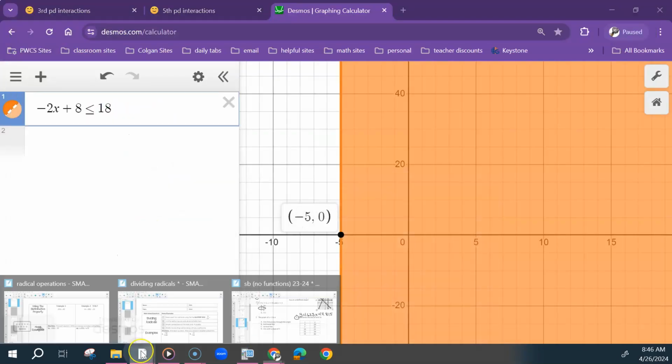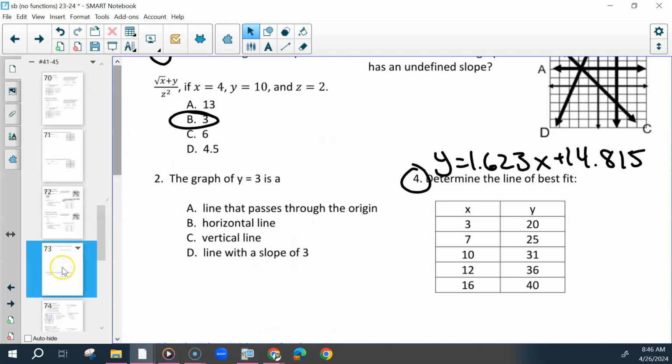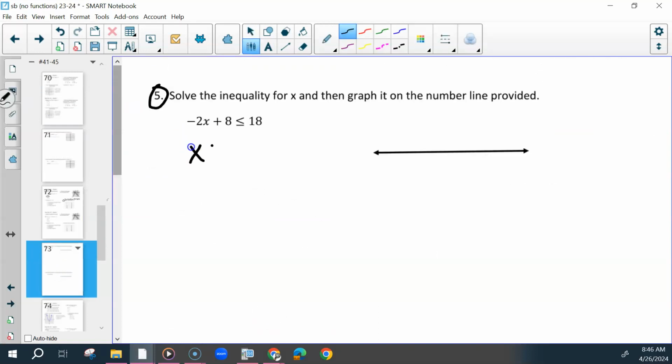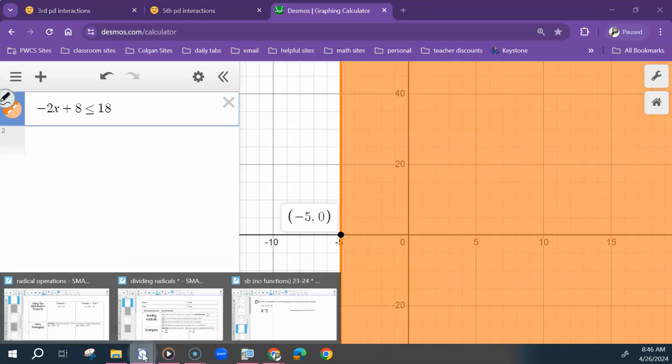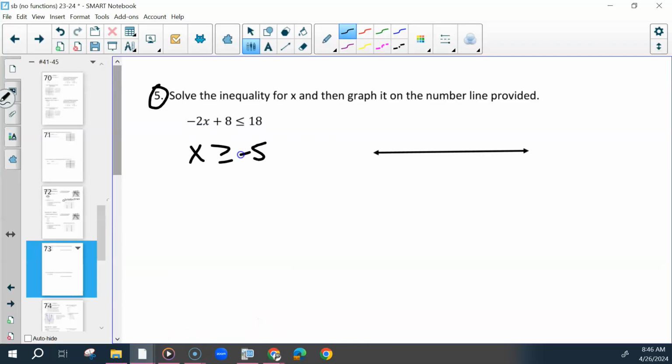You would write x is greater than or equal to -5. Make a closed circle, draw an arrow to the right. And if you did it the way I did it, make sure you also say use Desmos, otherwise show your work.